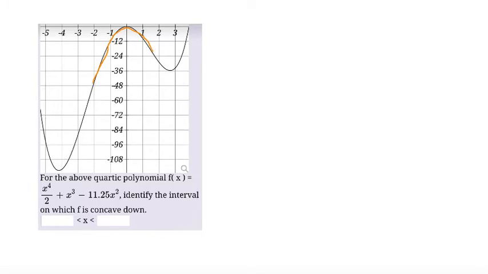So the way we can do that numerically is by finding the second derivative and setting it equal to 0, and that will give us our points of inflection. So let's do that first. Let's find f prime of x first.